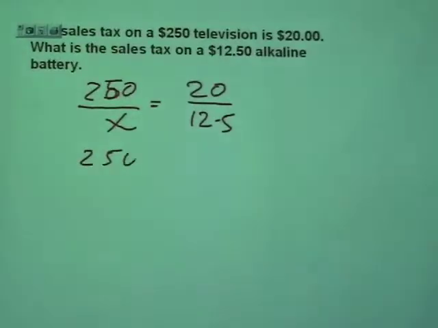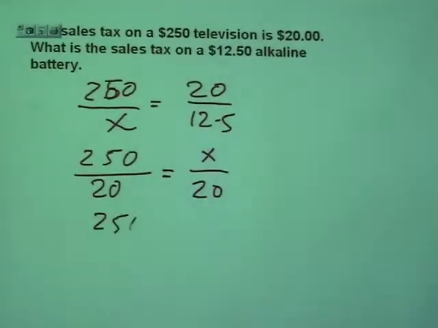And 250 divided by 20 equal to X over 20, the other proportion. Now, 250 divided by 20 equal to 12.5 divided by X is the other one.